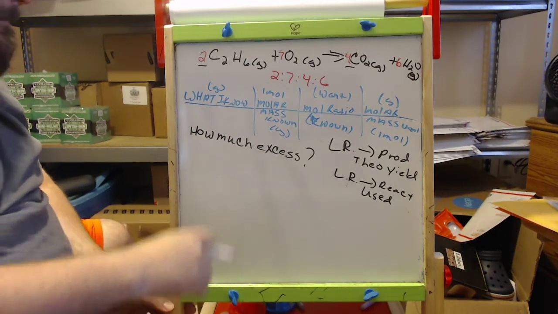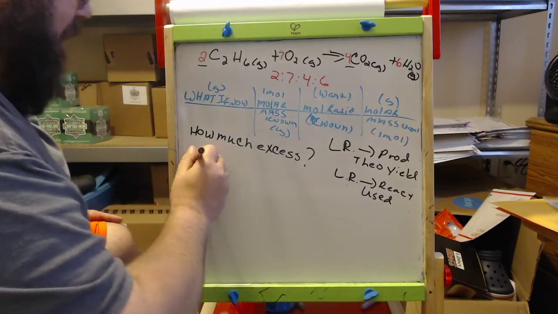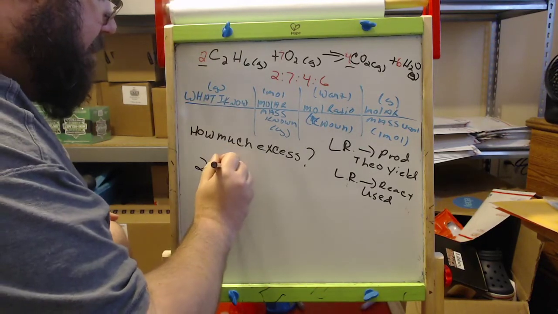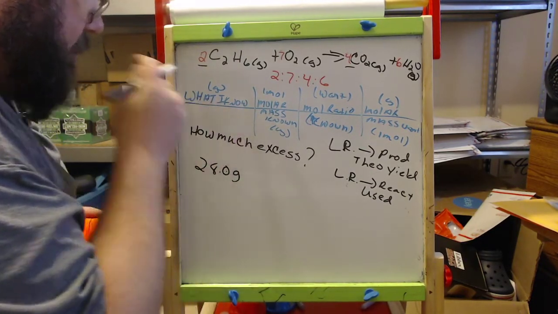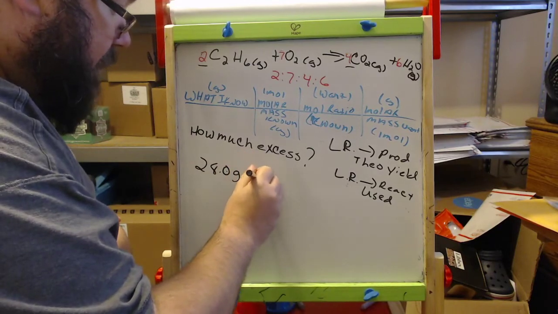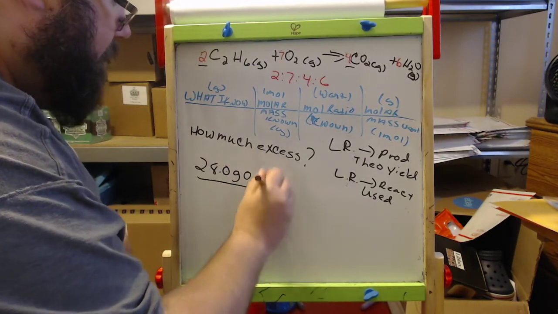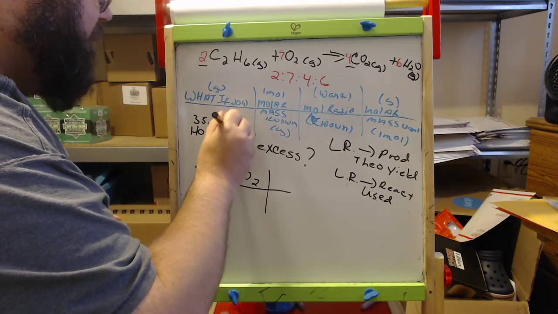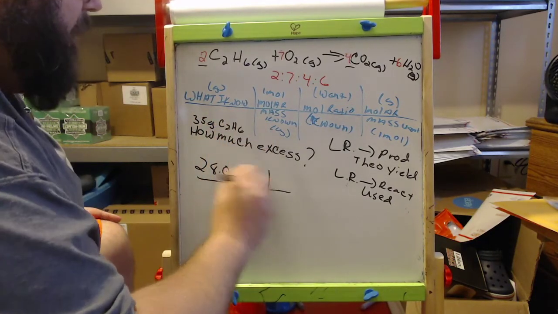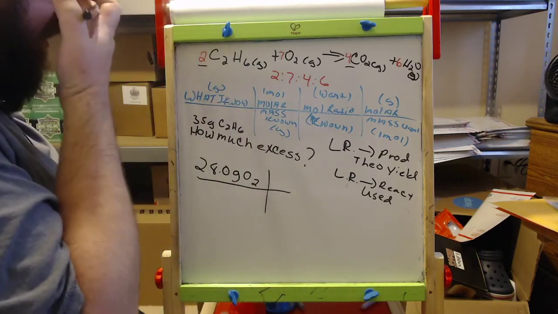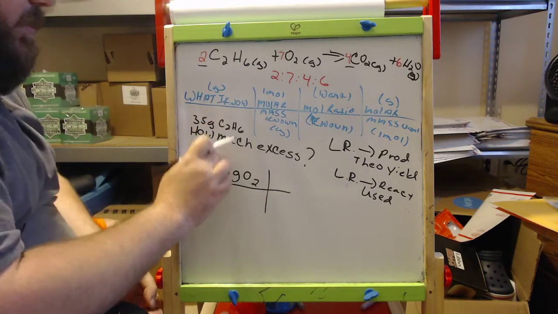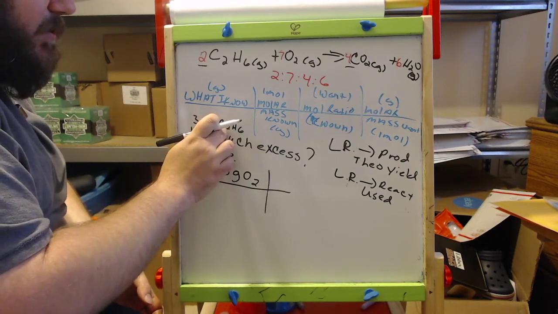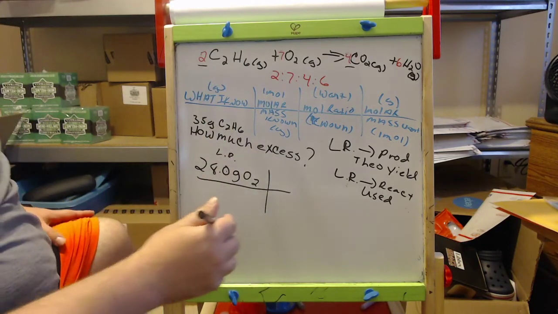Okay, let's do it. I had 28, I believe, and if I didn't, the math is still the process is still the same, but I believe I had 28 grams of O2 as my limiting reagent. I believe we also had 35 grams of C2H6 to start. Okay, so I'm going to take my 28 grams, and since this is my limiting reagent, I'm going to convert it to grams of C2H6 to see how much was used.